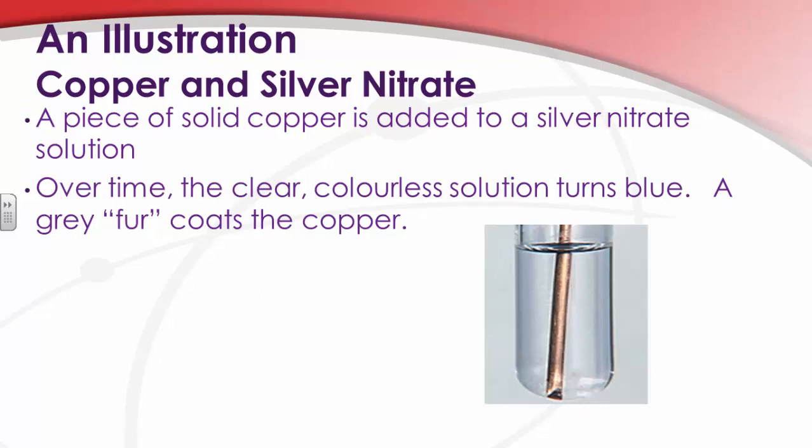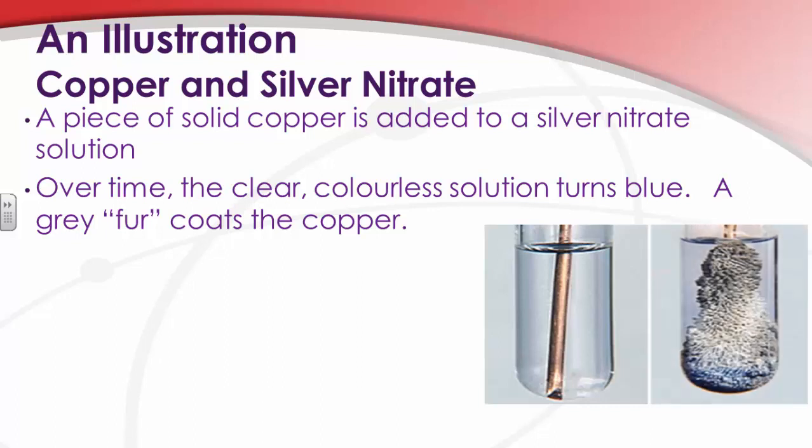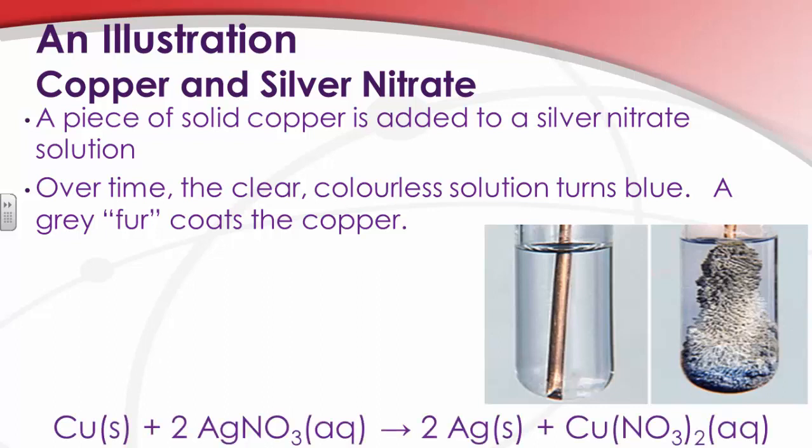Our clear colorless solution turns blue, and this gray furry stuff coats the copper. Now with a little investigation, we can figure out what's going on. Solid copper is reacting with silver nitrate to form solid silver, that's the gray stuff, and copper nitrate, the blue aqueous material.